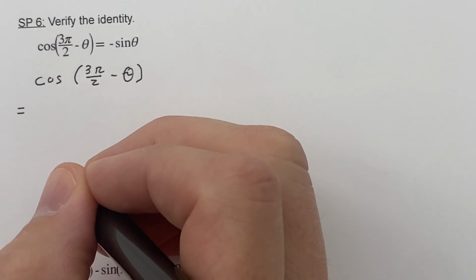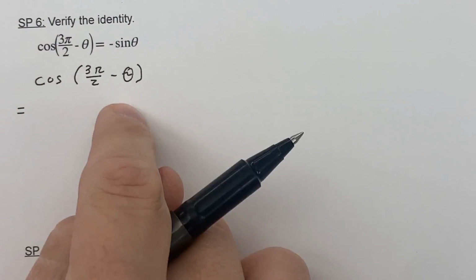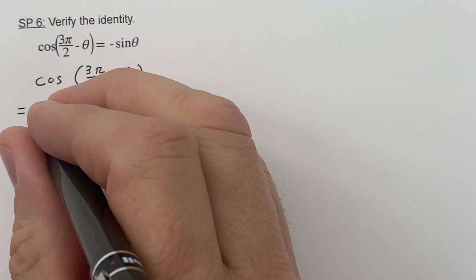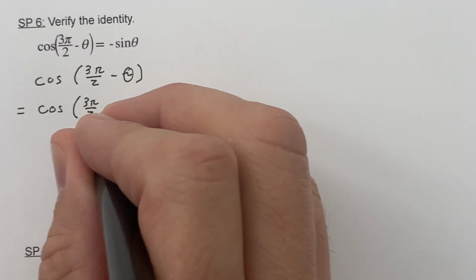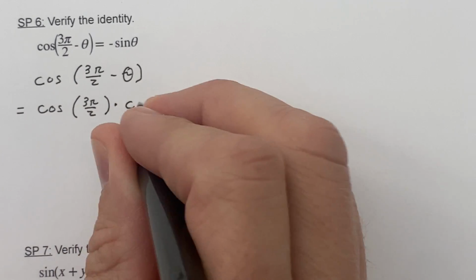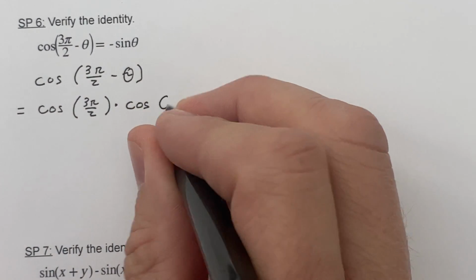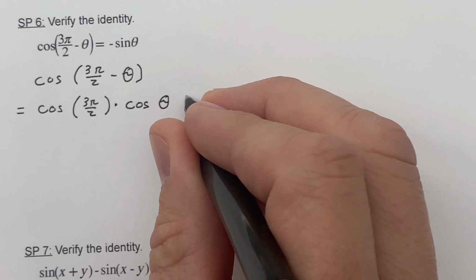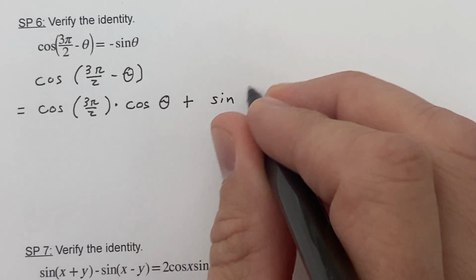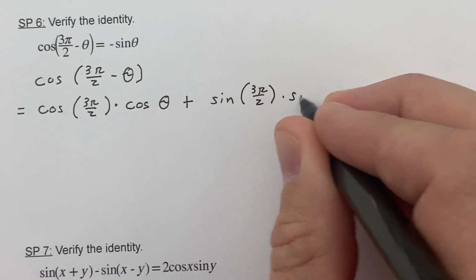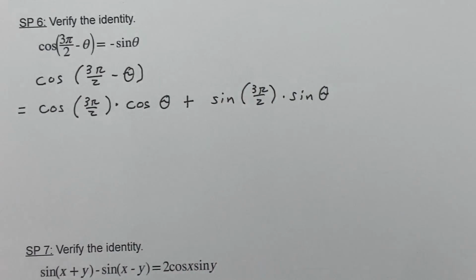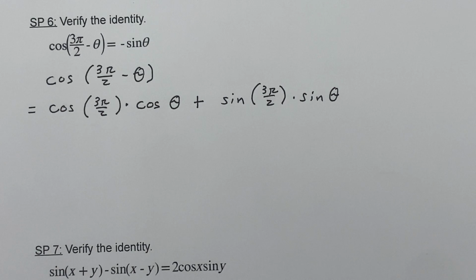If you go back to your formulas, the difference of your cosines is the cosine of u, which is our 3 pi over 2, times the cosine of v, which is theta, plus the sine of u, so sine of 3 pi over 2, times the sine of v. So again, we're just following the formula, doing what it tells us to.